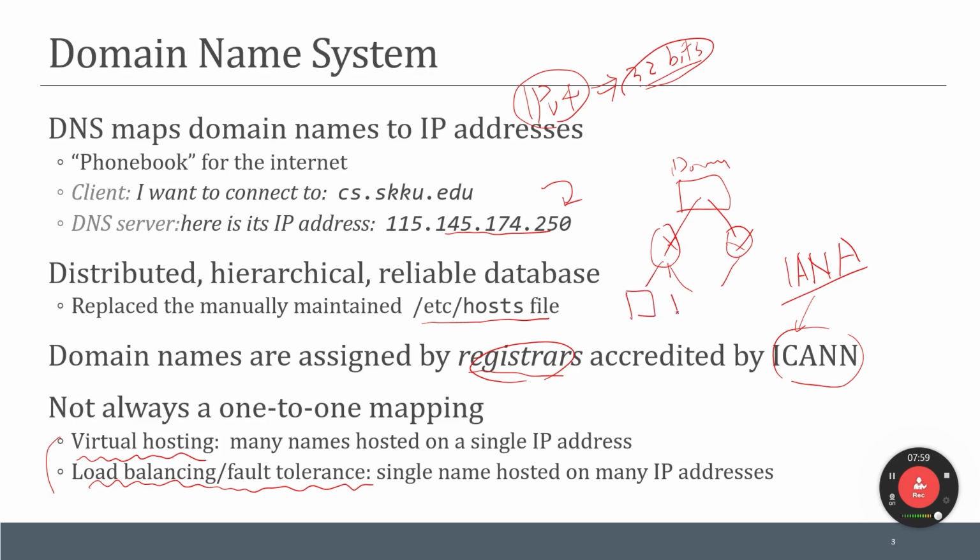Here you can have multiple IP addresses, IP1, IP2, IP3, IP4, and these are the load balancing routers. So load balancing means if something happens, say DoS, and this network has been disconnected, then automatically it switches to the other router so that you can guarantee the availability of the service.